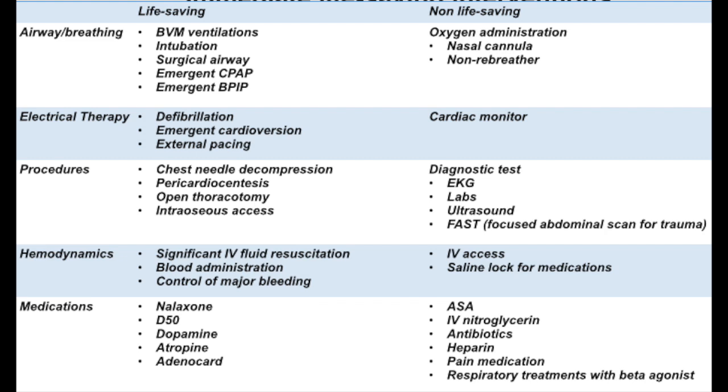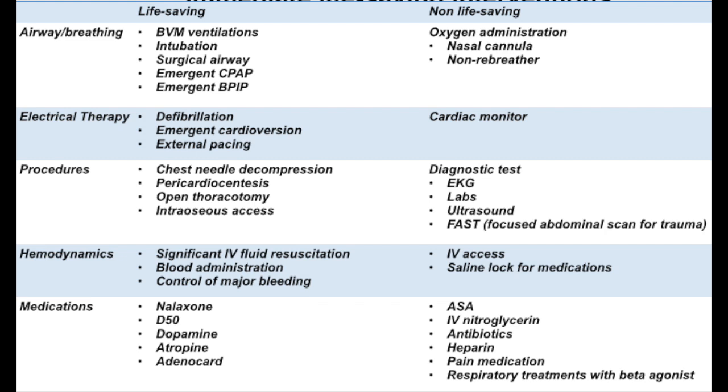If they need some kind of life-saving measure where they need to be defibrillated or emergently cardioverted or have an external pacer placed, that is also an ESI 1. So the patient can essentially be alert and able to verbalize their discomfort, but they need these life-saving measures. They are an ESI 1.